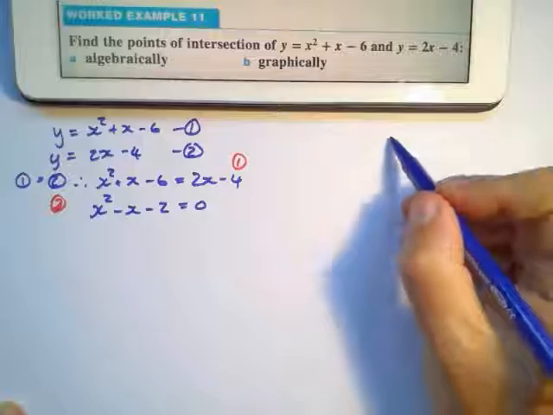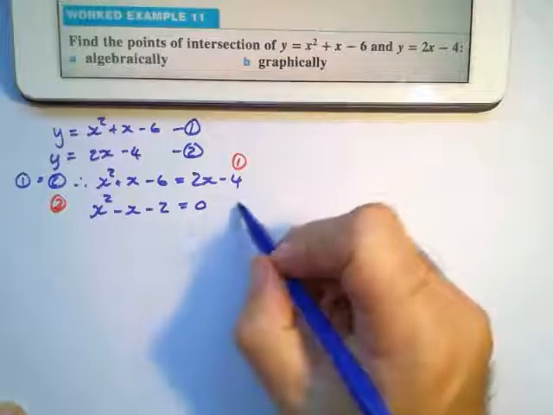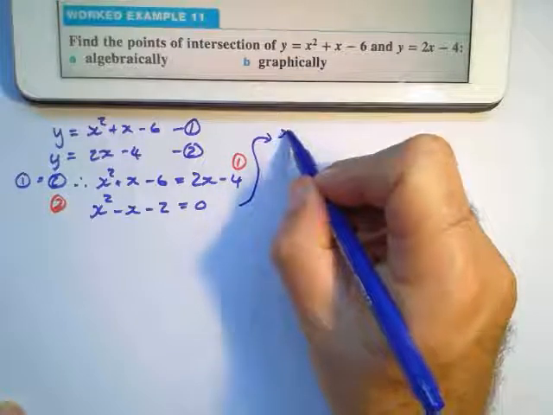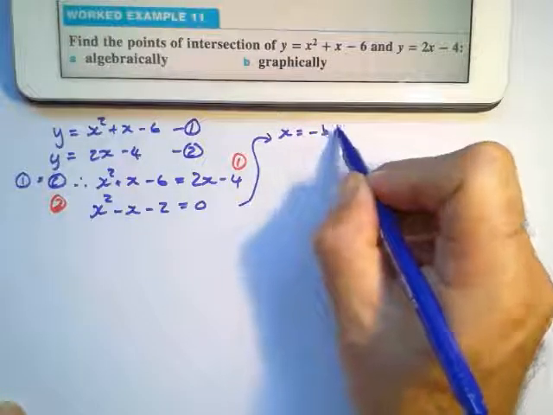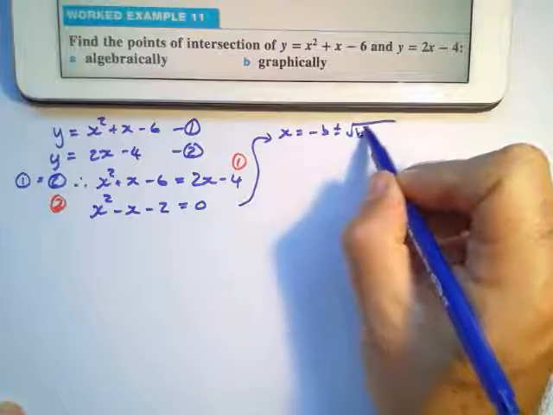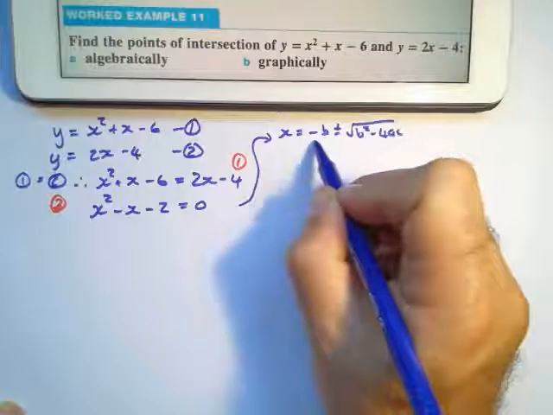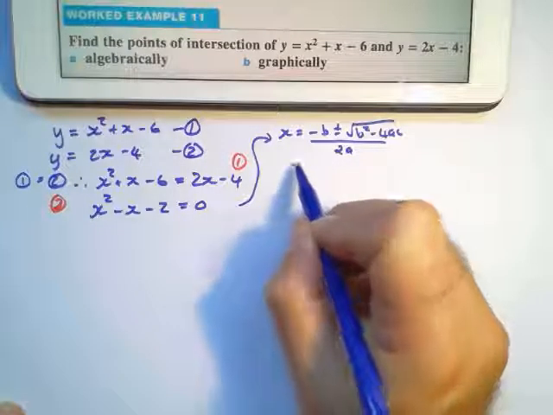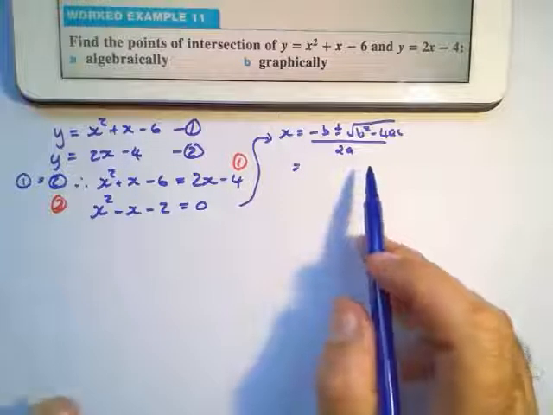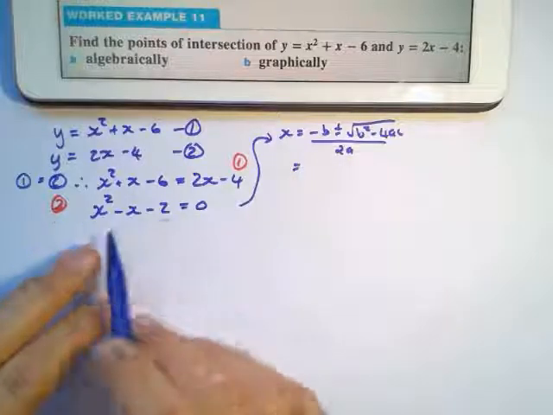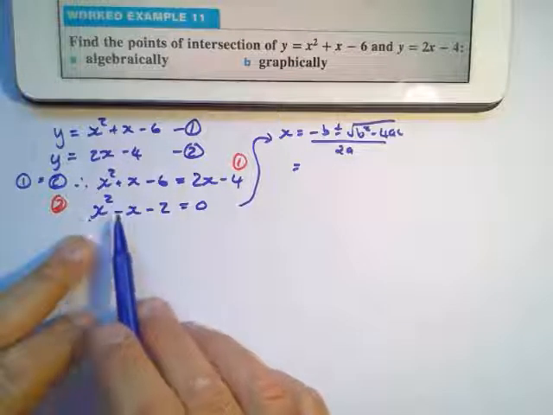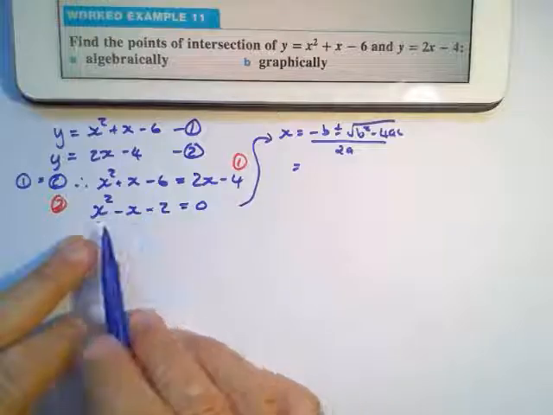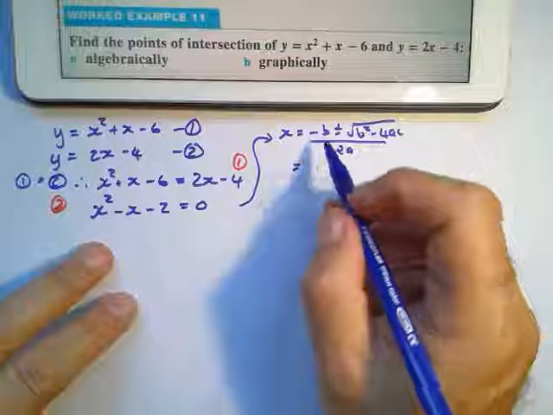As long as I show my working, I'm going to say for this one, x equals minus b plus minus the square root of b squared minus 4ac, divided by 2a. You have to know this off the top of your head, and you have to make sure that this is in the form of a, b, c. So it's x squared minus x minus 2.